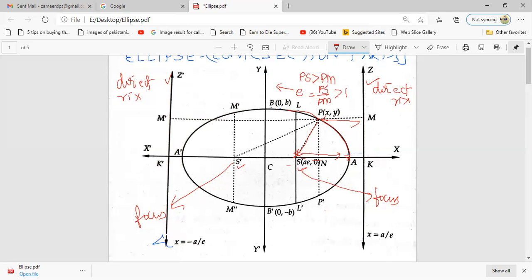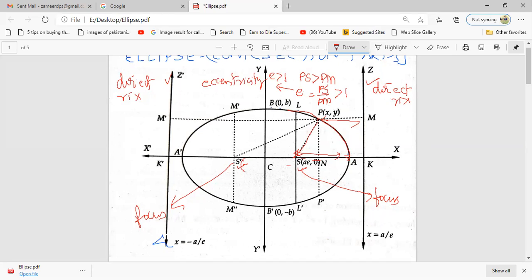But in case of parabola, it was 1. So eccentricity is greater than 1 for the ellipse, first thing. This is focus S, and this is S dash. Its coordinates will be minus AE and AE, where E is the eccentricity, equal to PS upon PM.